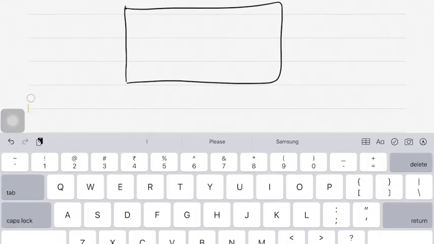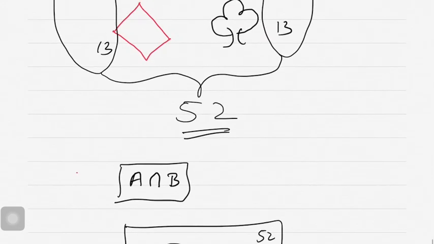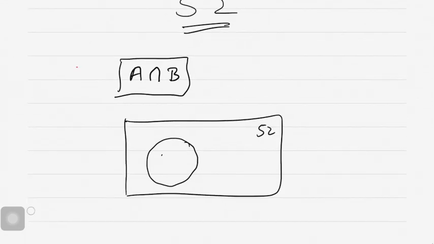When I select one card, what is the probability that it is a black card? My sample space would be 52 because there are 52 cards in a deck. My event A is black card. How many black cards are there? Total 26.